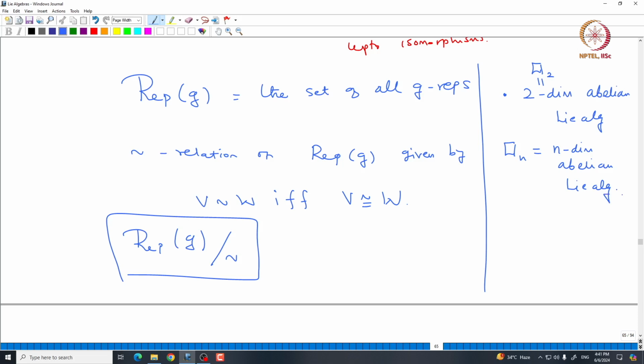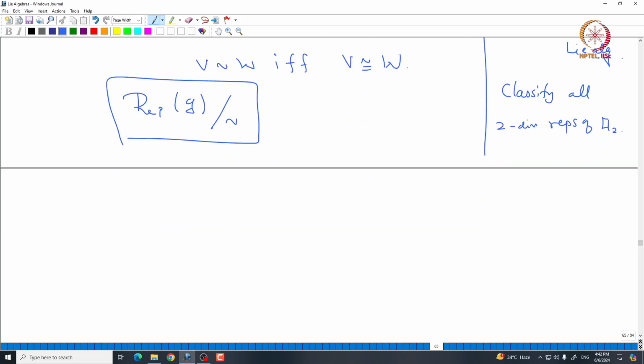So, what we want to do now is classify all two dimensional representations of this A2. That is the problem I will work on first. Then we will do a similar classification for the non-abelian two dimensional Lie algebra. That at least gives you some understanding of what we are dealing with.